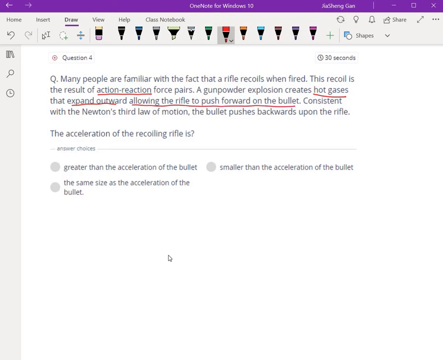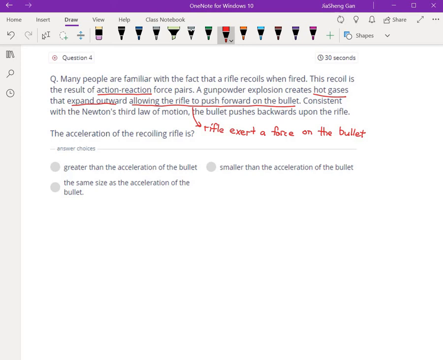So we know from here that the rifle exerts a force on the bullet, by the rifle on the bullet, consistent with Newton's third law of motion.